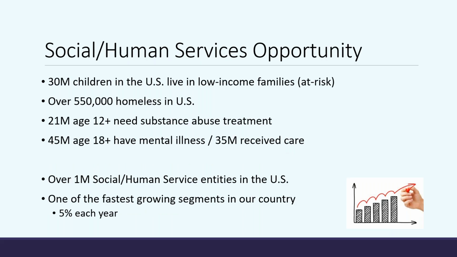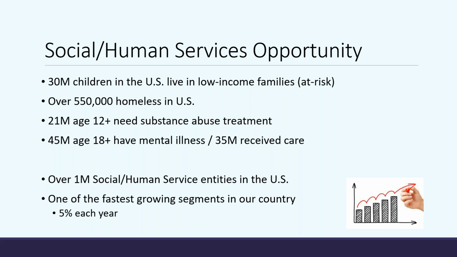So social human services. From a nonprofit perspective, and from a for-profit perspective as well, a lot of this stuff begins and ends with, what is the root problem? Typically when we're dealing with these types of organizations, we're really looking at the organizations that are helping combat the different types of illnesses and different disparities that occur in our society.